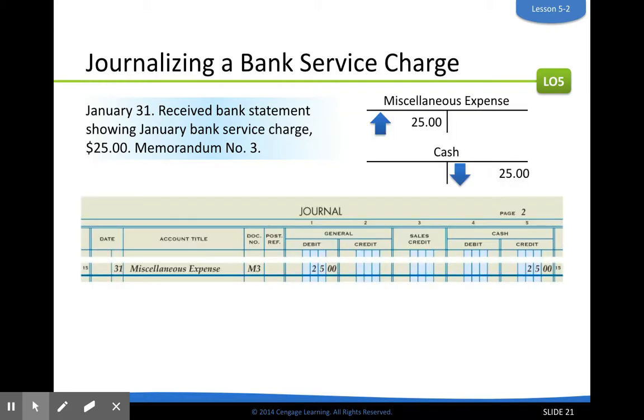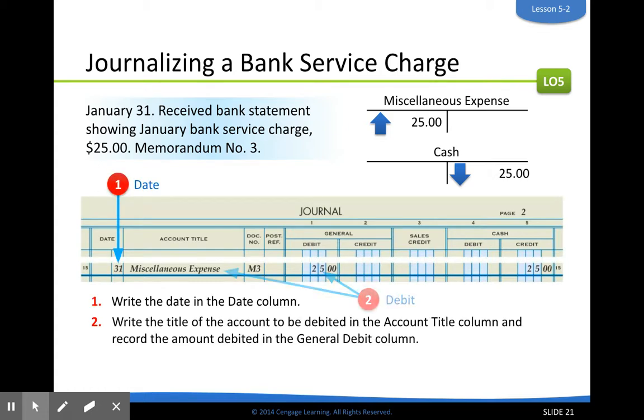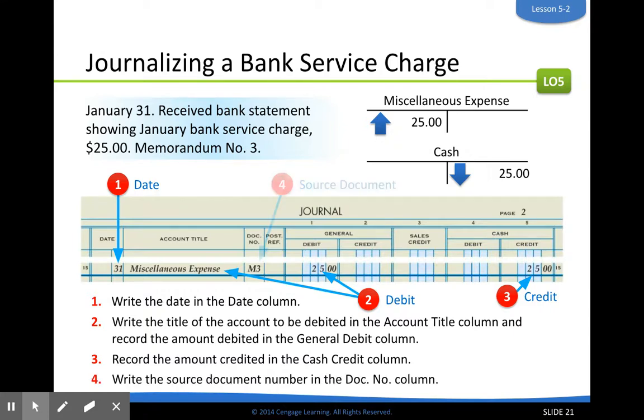So our expense will be debited. So the date, the 31st, miscellaneous expense, a debit of $25. We're going to credit cash because cash decreases with a credit. $25 came out of our account, so we need to decrease cash. And then finally, M3 is our source document.